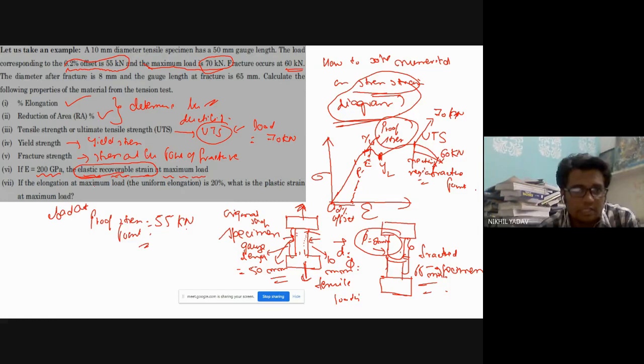And if the elongation at the maximum load is 20%, then what is the plastic strain at the maximum load?